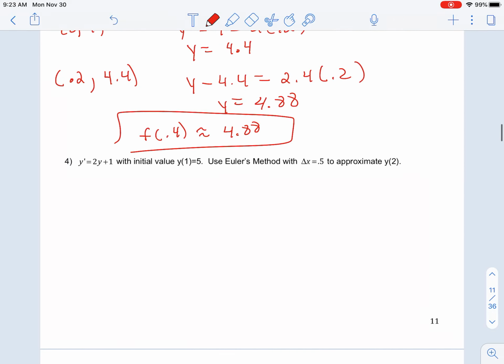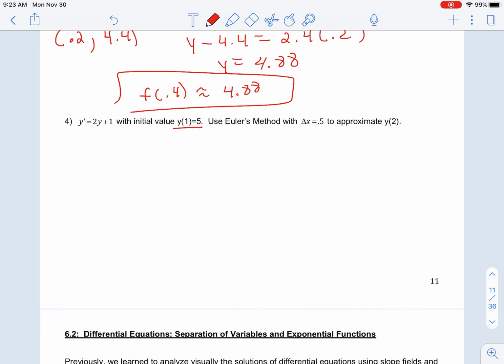Okay, let's try one last one. I'm going to start at 1 comma 5. So y minus 5 equals, my slope is 2y plus 1. So if I plug in 5 for y, this ends up being 11. And then delta x is 0.5. So move the 5 over. This is 5.5, so this ends up being 10.5. My next point is 1.5, right?